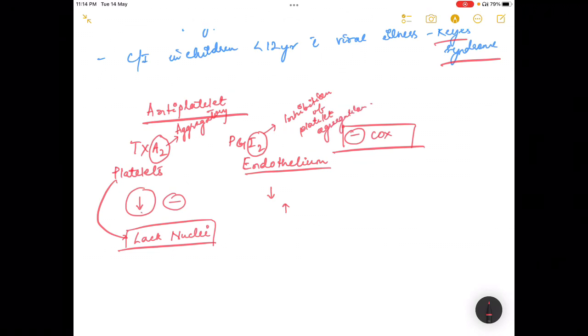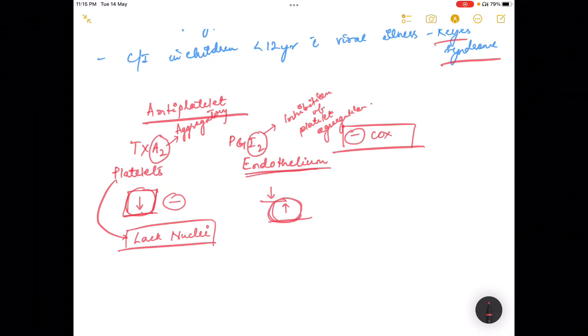So initially both the thromboxane A2 and PGI2 were reduced. But because the platelets lack nuclei and cannot produce another COX enzyme, this reduction of thromboxane A2 cannot be overcome, whereas the endothelium has a nucleus and generates newer COX enzyme. So the prostacyclin level increases.